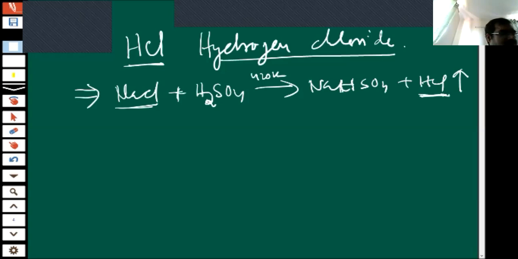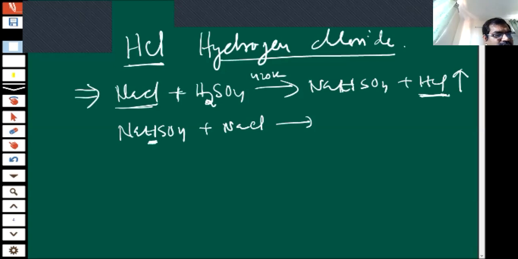Next, NaHSO4. Now see, this molecule again has acidic hydrogen. So if you react it with more NaCl at 823 Kelvin, to remove this hydrogen you require more temperature.